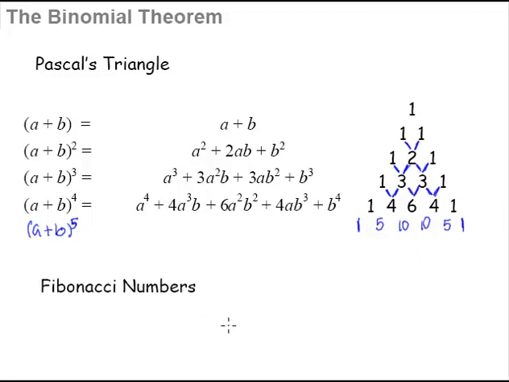One of the most famous series of numbers in the world, the Fibonacci numbers, or some call it the Fibonacci series, is also hidden inside this triangle. The triangle numbers are also inside this series of numbers. And not only that, it has got practical uses also.